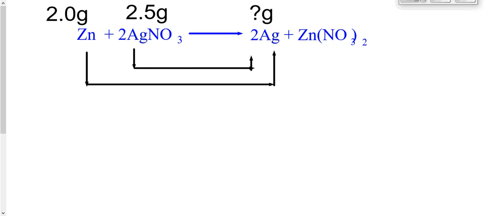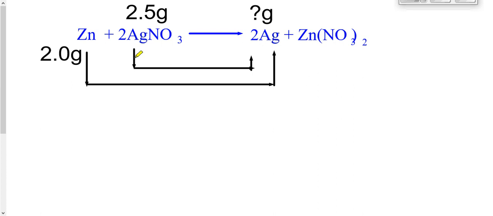As always, I start by mapping out the pathway I'm going to follow. We're going to have to do 2 separate factor label lines because we have 2 separate starting points. Let's start by considering, if I start with grams of zinc, how many grams of silver would I produce?